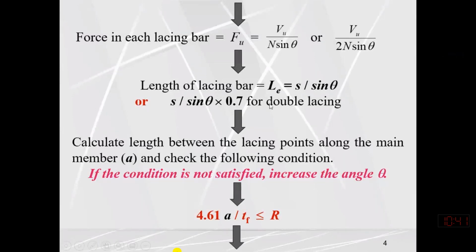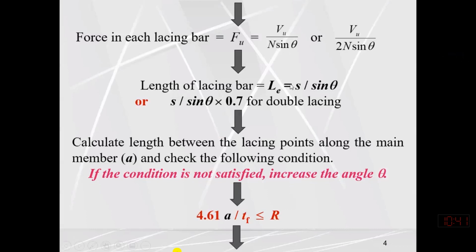Okay, doesn't matter. So the length of lacing, LE, will be equal to S divided by sine theta. Now you understand how we are computing the LE. S is the distance between the center lines of the holes in the transversal direction, from the center line of the holes on one section to the center line of the holes on the other section.